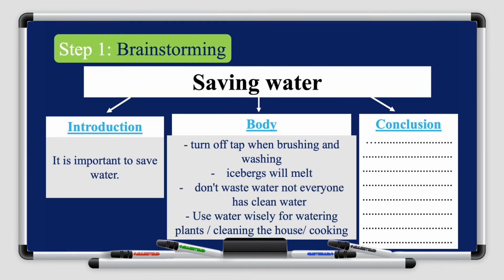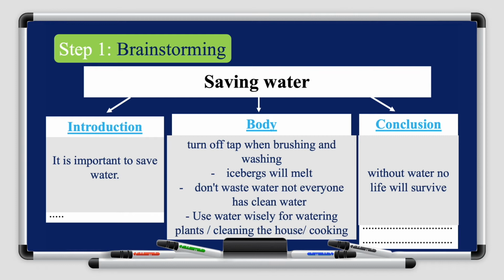So one thing I can say is turn off the tap when brushing my teeth and washing. Icebergs will melt. Don't waste water. Not everyone has clean water. Use water wisely for washing, cleaning, for watering plants, for cooking. So these are all ideas that support my main topic, which is it's important to save water.